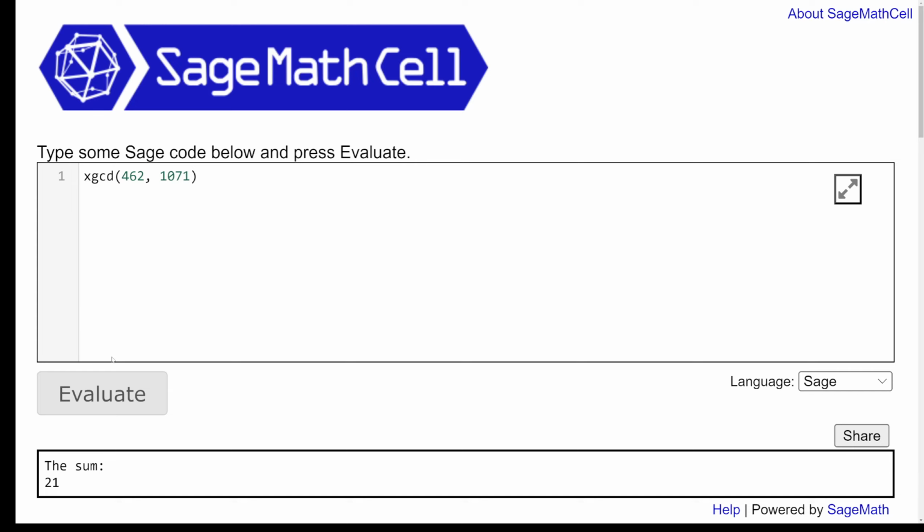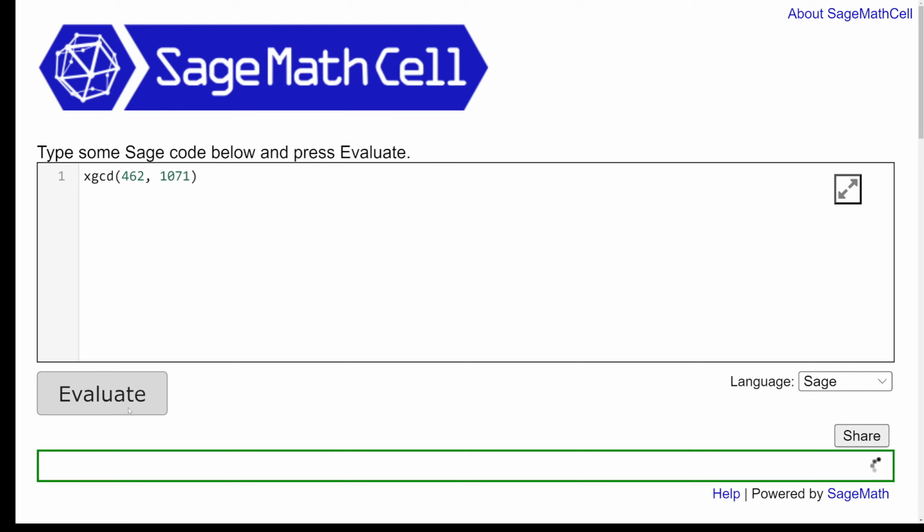Again, the x here stands for extended. Okay, so we got 21. We got 7 and negative 3 as a list, as a tuple. So what this is returning for us is the GCD, what I need to multiply 462 by, and what I need to multiply 1071 by. Let's just make sure that's correct.